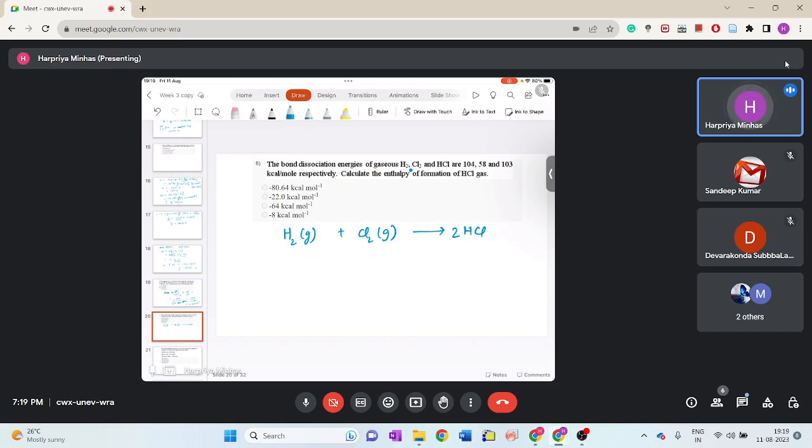The bond dissociation of H–H is given as 104 kilocalories per mole, Cl–Cl is 58 kilocalories per mole, and HCl is 103 kilocalories per mole. Now we have to calculate the enthalpy of formation of HCl.